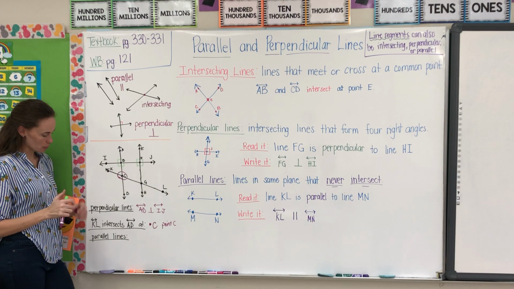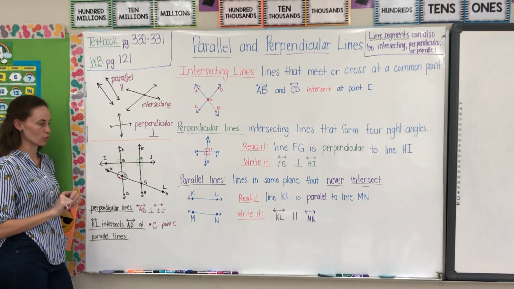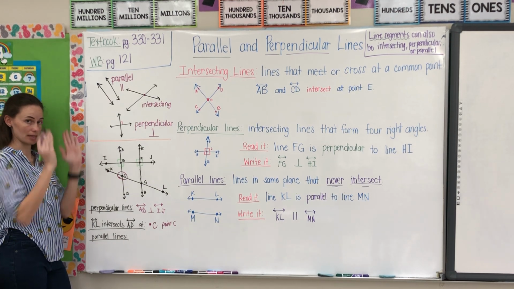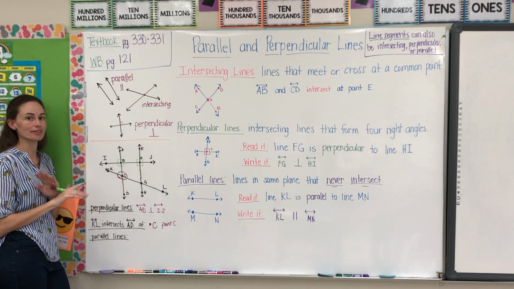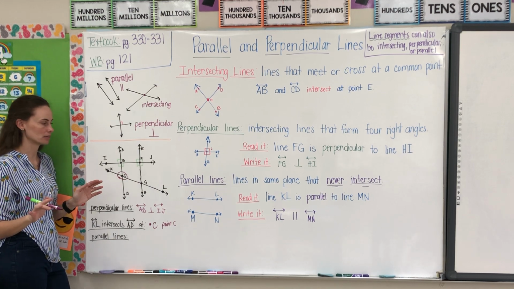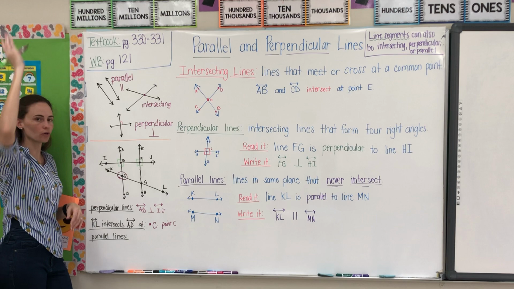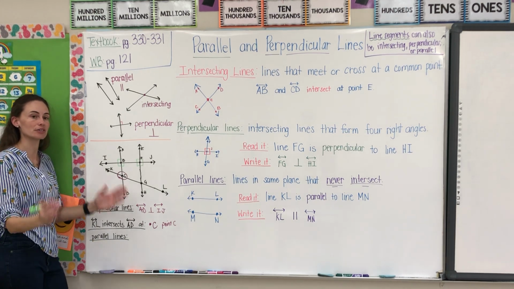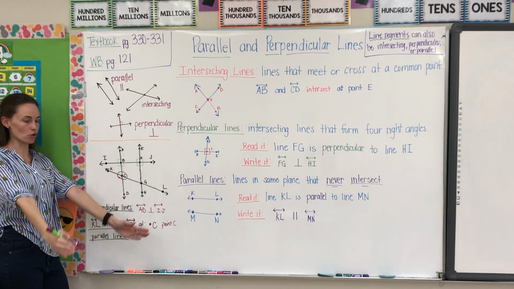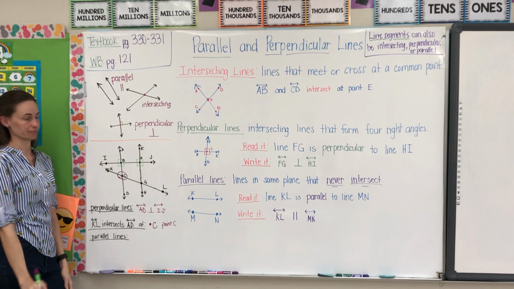And then an example of two parallel lines. So parallel means that they're running in the same direction, they're moving the same way, and they're not going to cross, they're not going to meet. Even if the lines would keep going and going, they're never going to meet because they're not going to turn. They're going to continue going straight how they are.